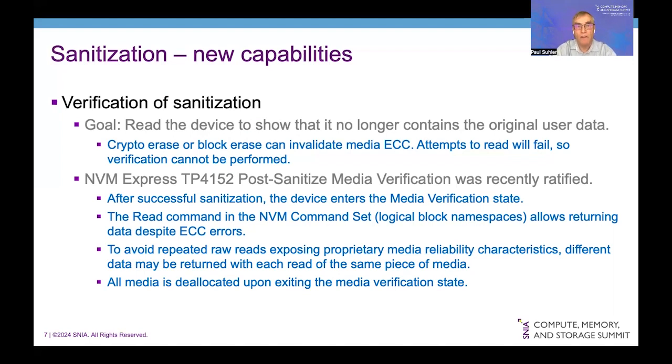So this TP 4152 allows the read command in the media verification state to return different data on successive reads, and that will obscure the uncorrected bit error rate because the reader will never get the same data twice. Finally, upon exiting the media verification state, all the media will be deallocated so that there will be no logical block addresses that can be read.